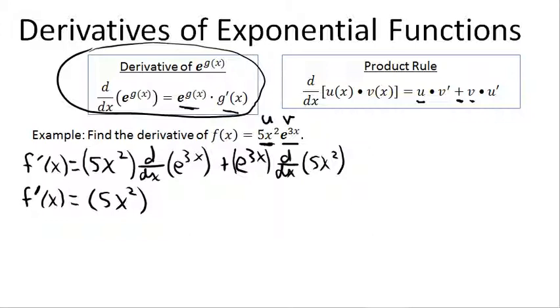So according to that, the derivative of e to the 3x is e to the 3x, but then it's multiplied by the derivative of 3x, but the derivative of 3x is 3. Okay, continuing. Now we have in the second term e to the 3x multiplied by the derivative of 5x squared, which of course is simply 10x.